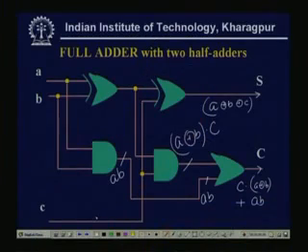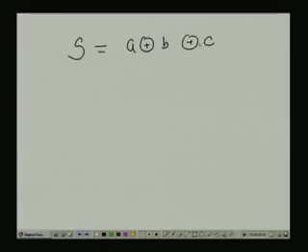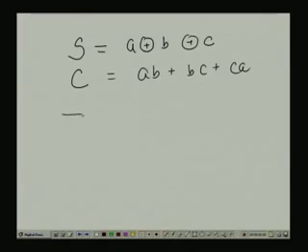See, I can take another one. My S is A XOR B XOR C, and my carry is AB plus BC plus CA.